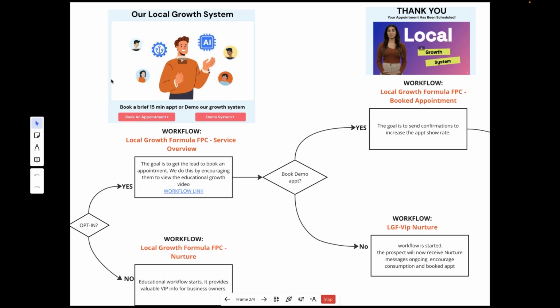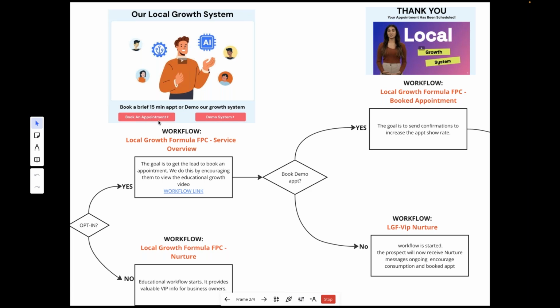So now that they've taken the first step, what the system is doing is sending emails out to drive them back to this page with the intended goal of them booking an appointment.